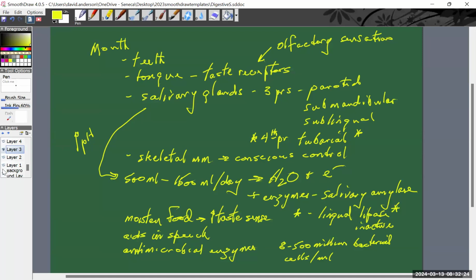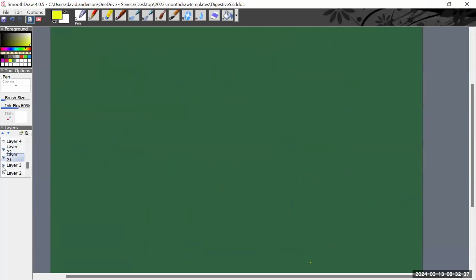So to get this stuff, I'm going to introduce a couple of new layers here. To get food delivered from the mouth to the esophagus, the next component, we have to swallow, which is also known as deglutition.